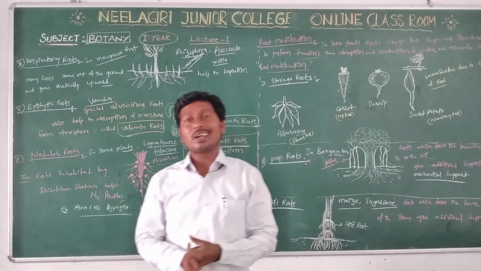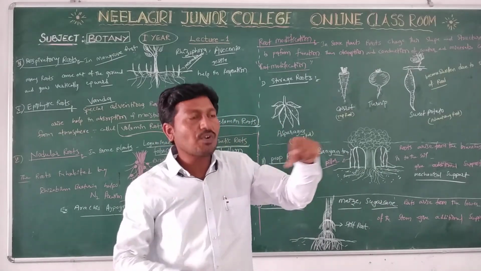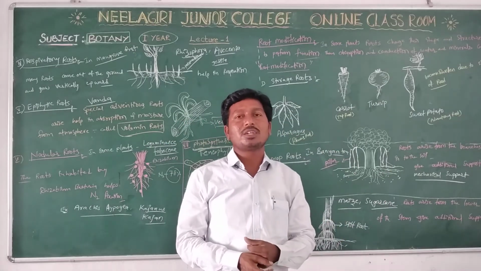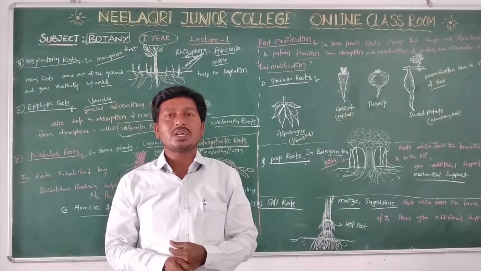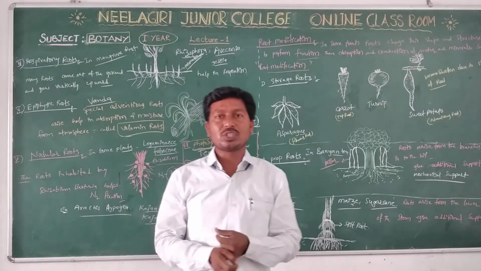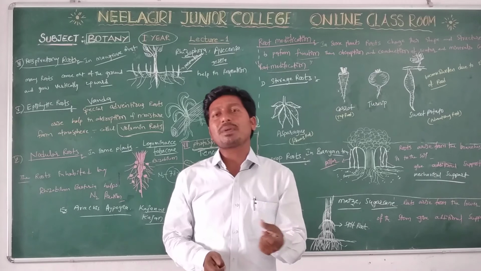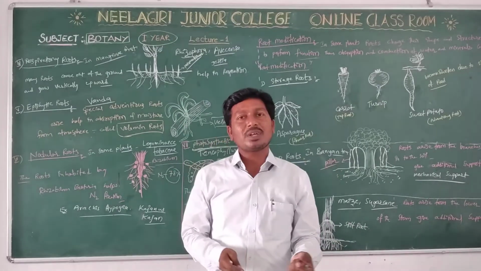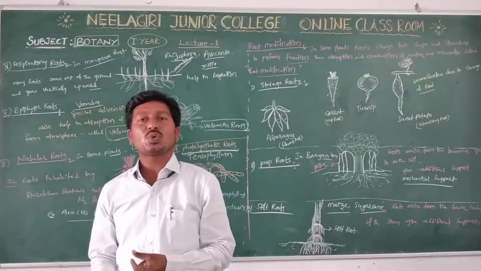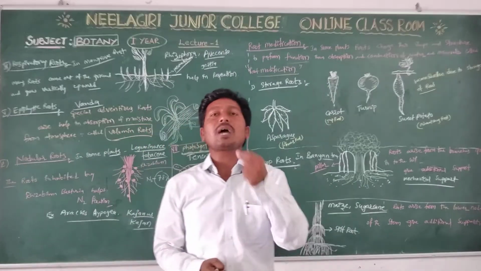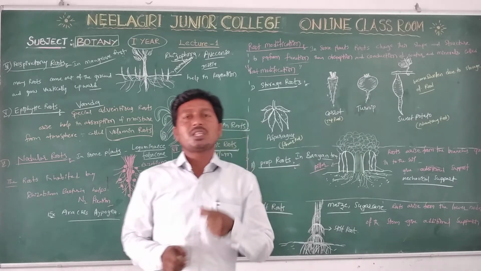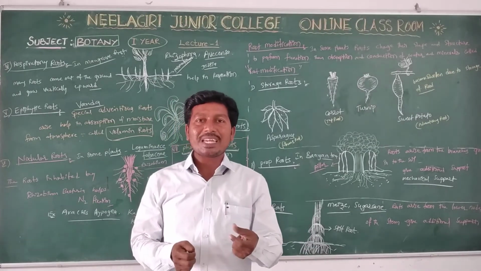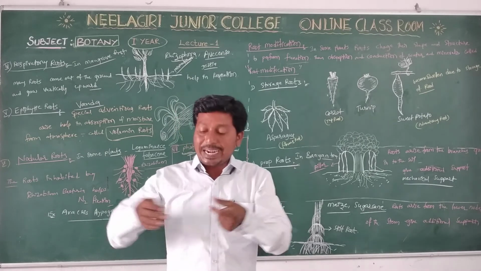In angiospermic plants, roots are of two types: first, the taproot system, and second, the fibrous root system. In the taproot system, the primary root grows into the soil and bears lateral roots.